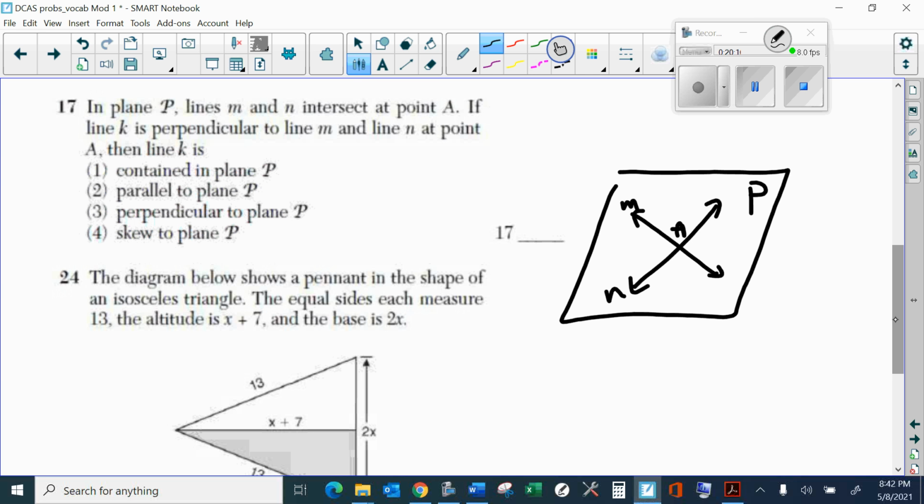It is perpendicular to both of them, then line K is contained in P, parallel to plane P, perpendicular to plane P, or skew to plane P. In order for it to be perpendicular to both of them, it has to be outside the plane. Because in the plane, it can't be perpendicular to both of them.